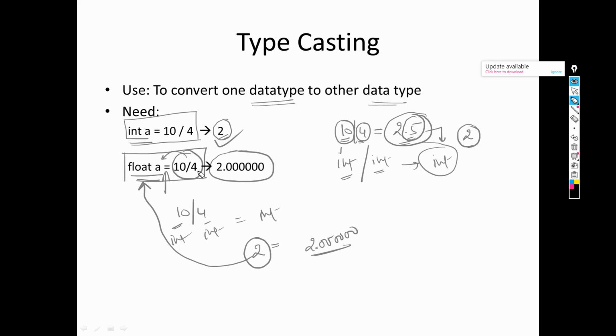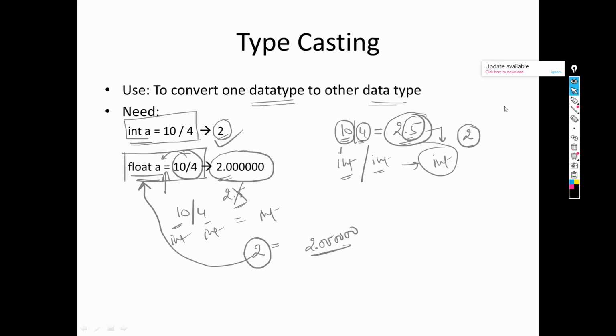Because you are performing the operation on integer operands, so you will get the answer as an integer, and that integer value will be assigned to float, resulting in the representation of an integer in float, but that will not serve the purpose. Here also we are not getting 2.5, the data has been truncated. So these are some of the problems which we might see during the execution of a program.